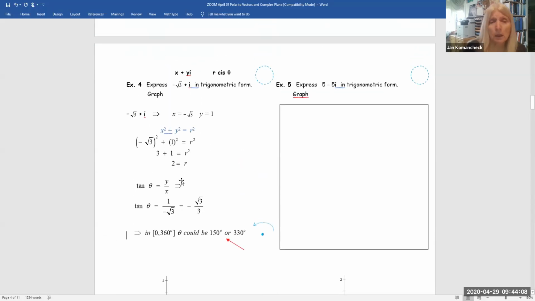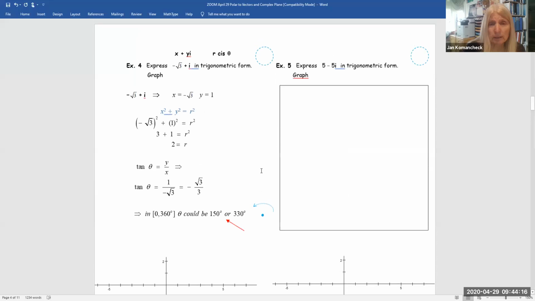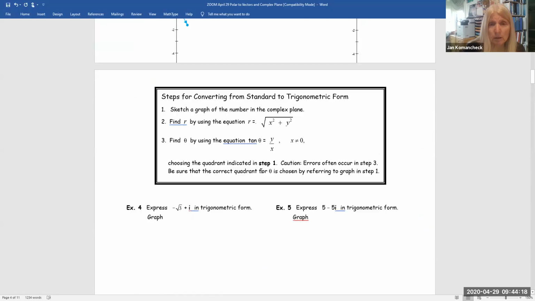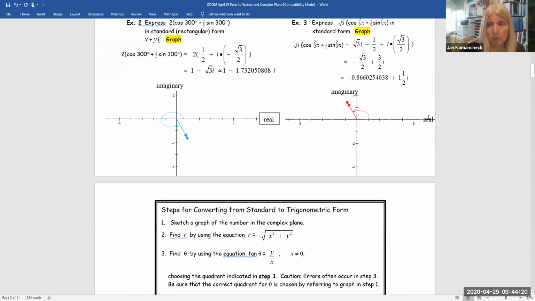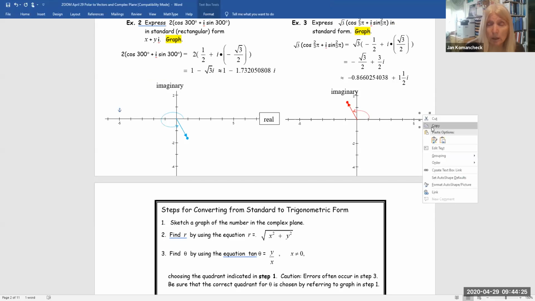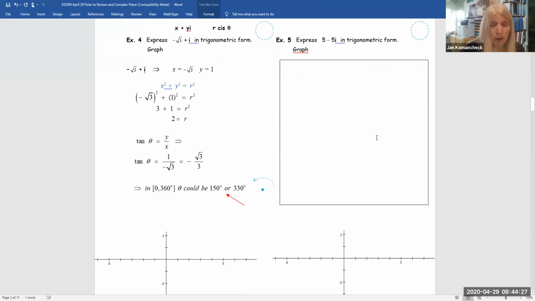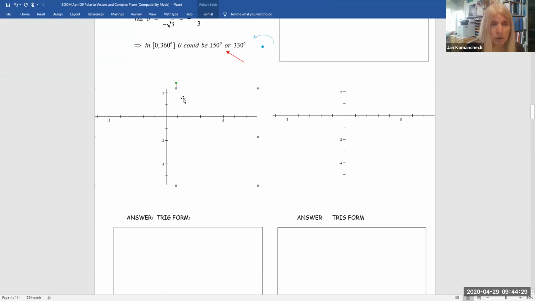I have to look at what is given to me here and how I graph this in the real and the imaginary plane. So I should have this down here.